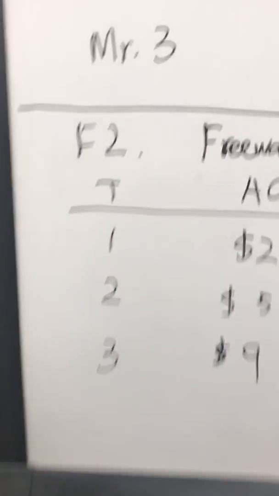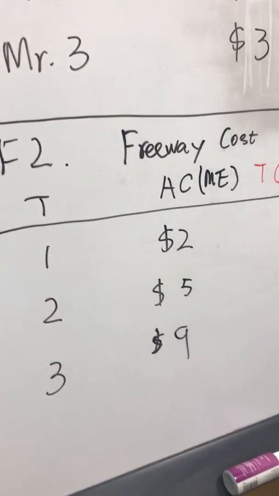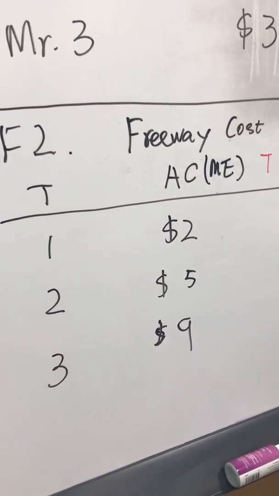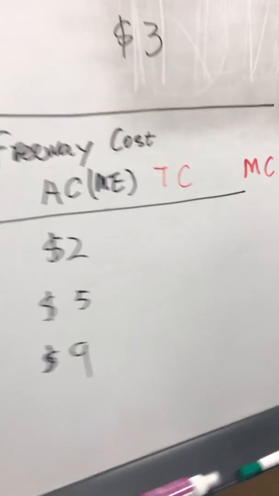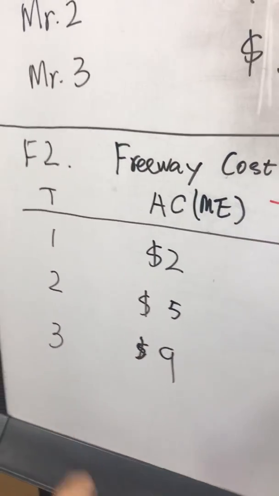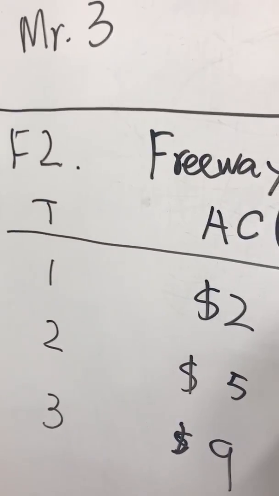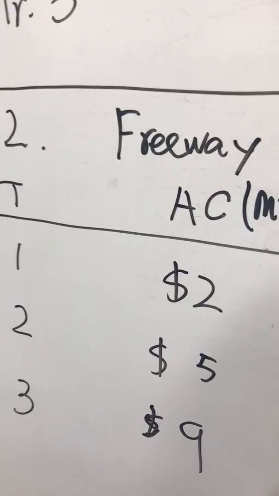Let's see. If there is only one person on the freeway, given that the average cost for this person is $2, then the total cost of this one freeway user is 1 multiplied by $2, which is 2.